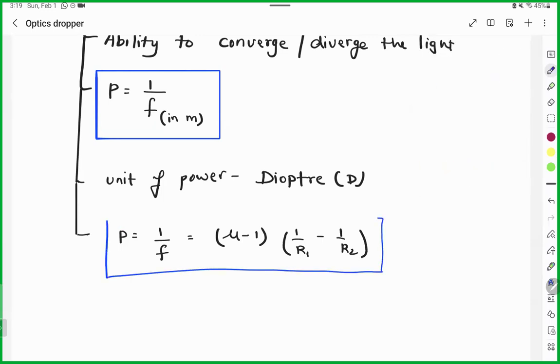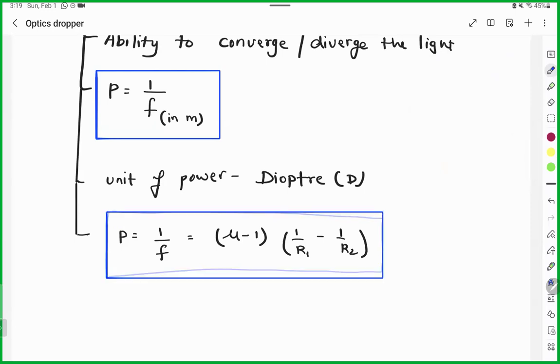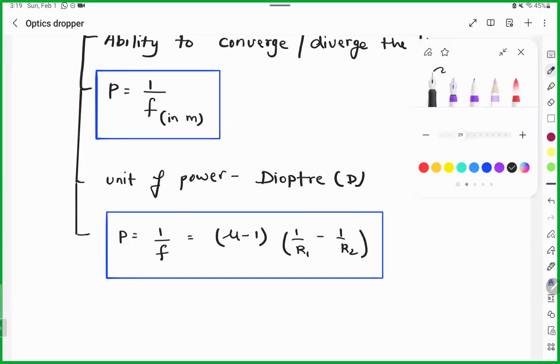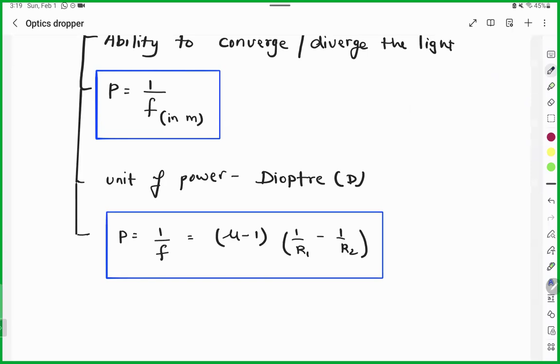So whatever you did in your lens maker formula, just equate it to the power. And same thing, if it is given in centimeters, then power will also be equal to 100 by focal length in centimeters. Correct?